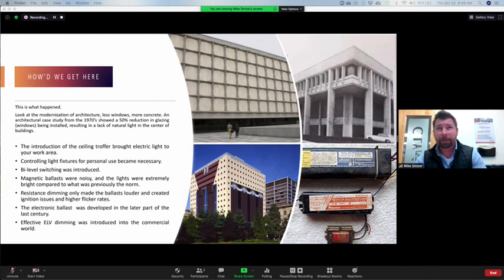At the time, ELV, electronic low voltage dimming, was in its infancy. There had been some progress along the way over the last 30 years with ELV dimming, but until the introduction in the late 80s, early 90s of the electronic fluorescent dimming ballast, phase dimming was the only way.